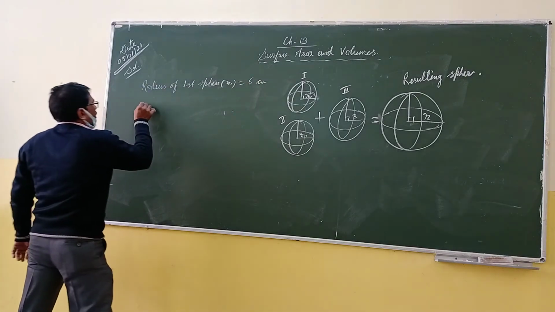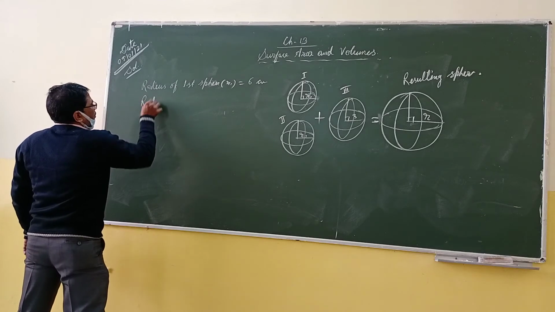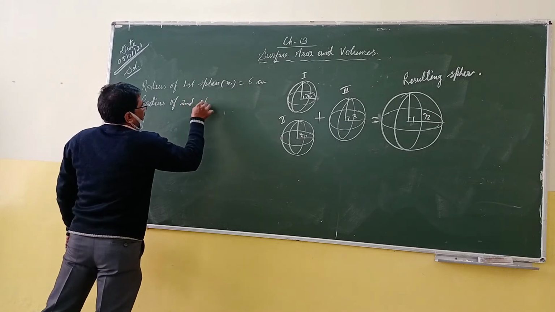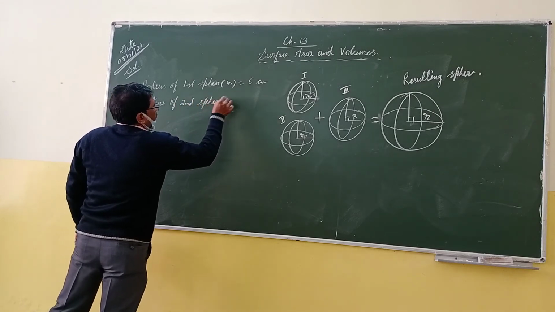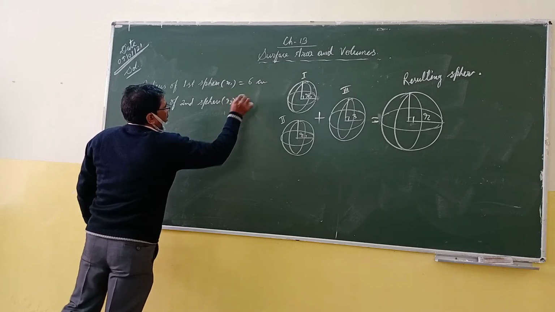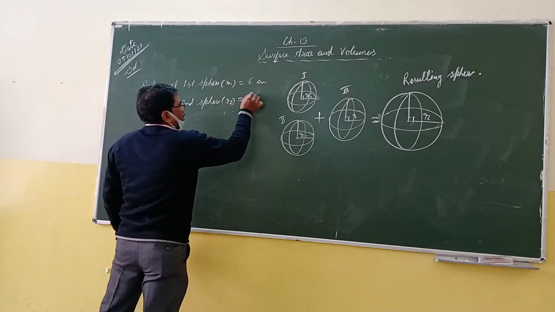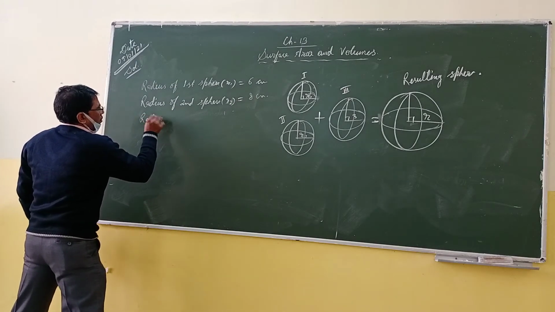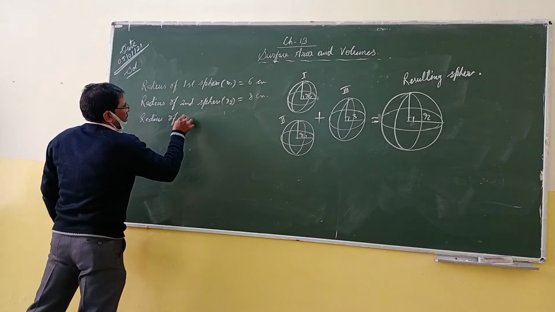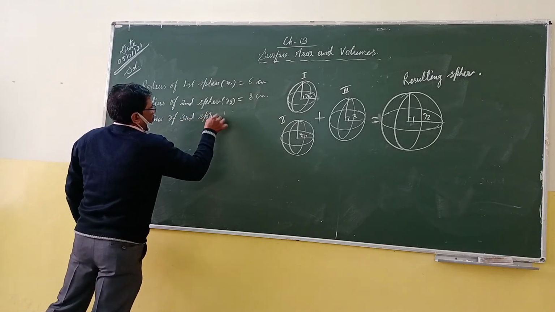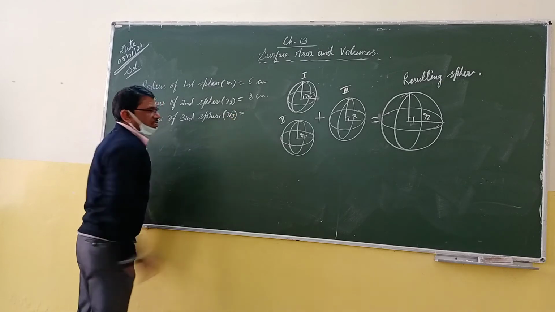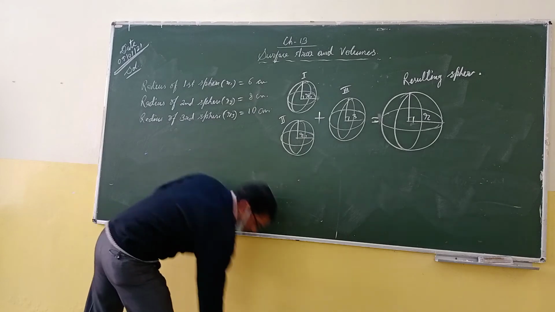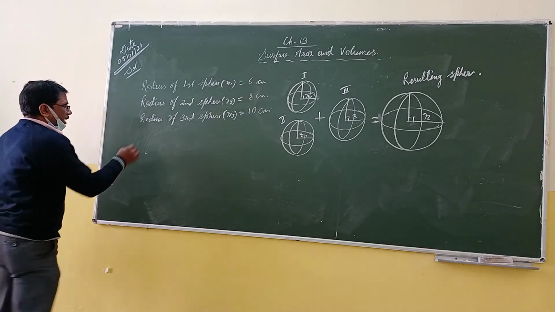Radius of the second sphere, R2, is given here, 8 centimeter. Radius of the third sphere, R3, is given here, 10 centimeter.